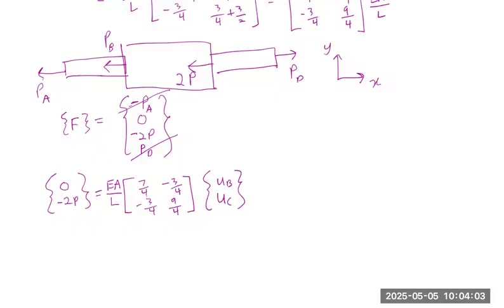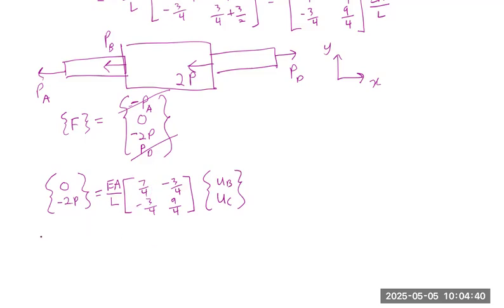So now we can solve this matrix by performing some matrix multiplication. We're going to get EA over L multiplied by each of these entries, remember? And then we're going to get each of these entries multiplied by EA over L, multiplied by UB, plus this entry multiplied by UC, and the same thing on the bottom row as well.